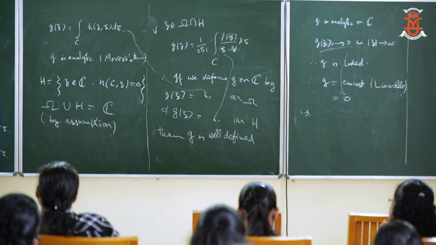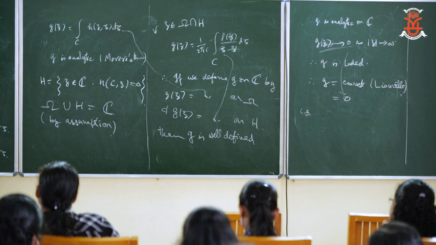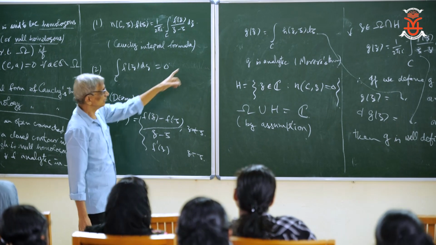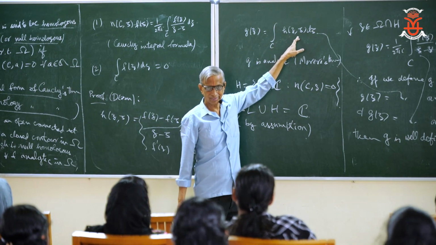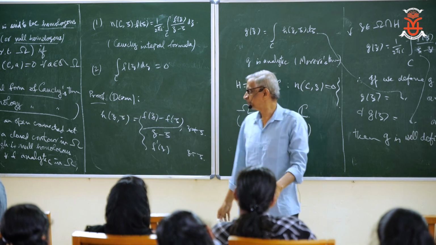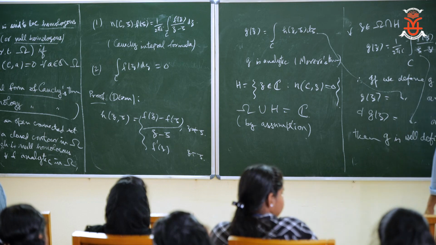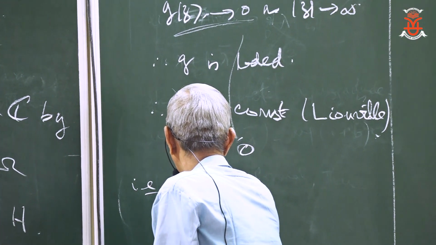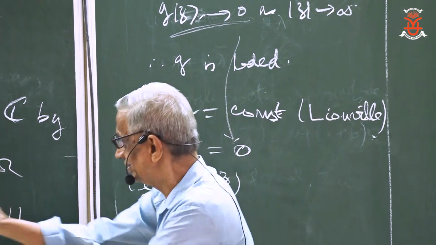So what does this mean? G is integral of this. H is this. So integral f z, split that into two parts.